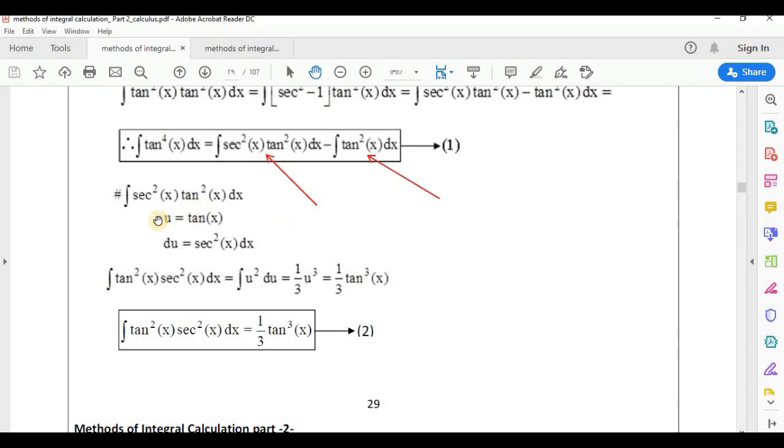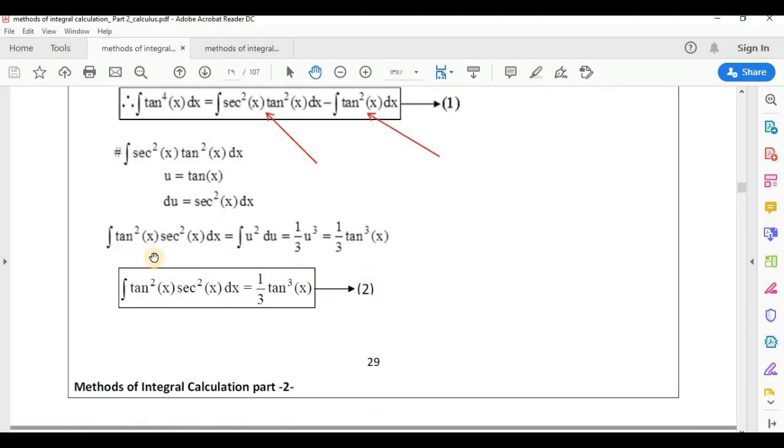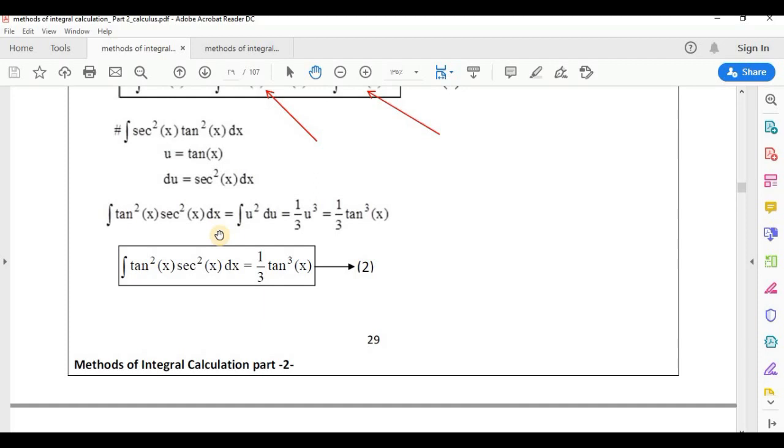We will take u for our assumption. u equals tan x, and taking the derivative of this assumption, du equals sec square x dx. The integral becomes tan square x multiplied by sec square x dx. This part, notice, will be du. After putting the integral in terms of u, tan square becomes u square, and sec square x dx becomes du.